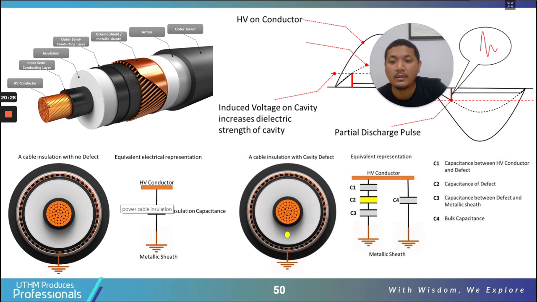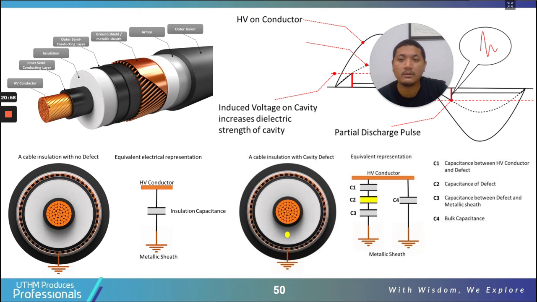This is where you can see the two conductors and insulation in between. The first conductor is the HV conductor. This is the main conductor, and then we have the second conductor, which is grounded, which serves as ground for the cable, and in between we have the main insulation.